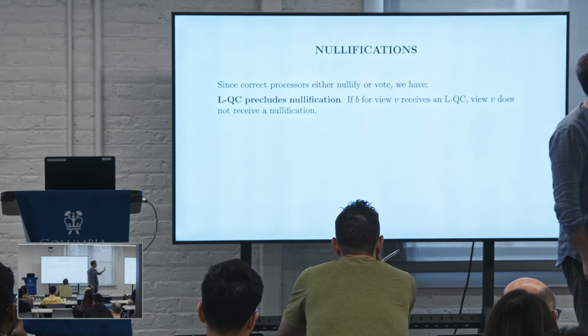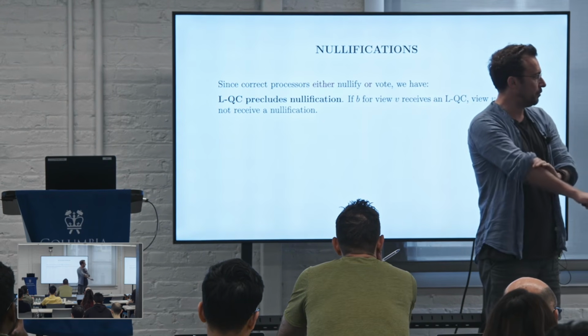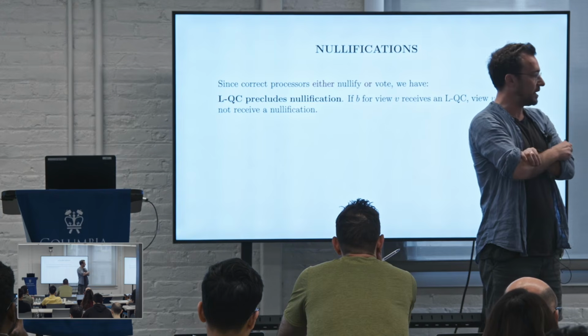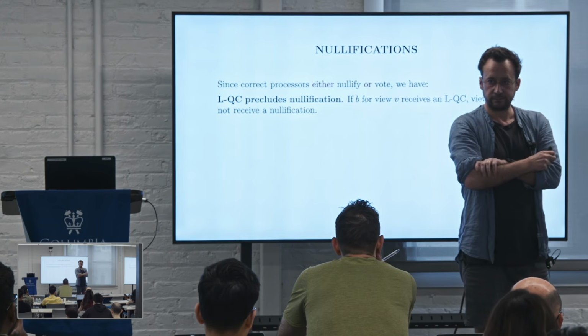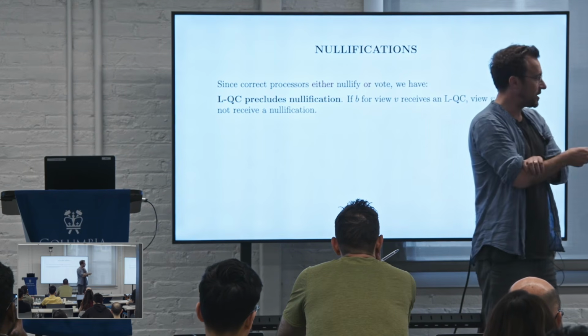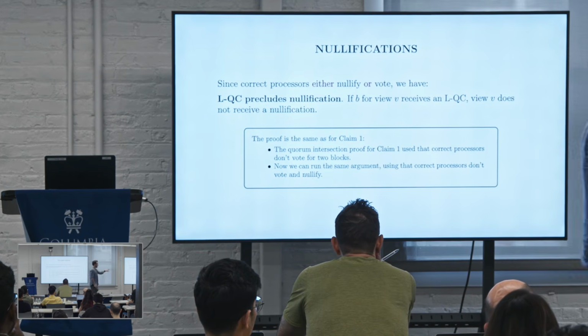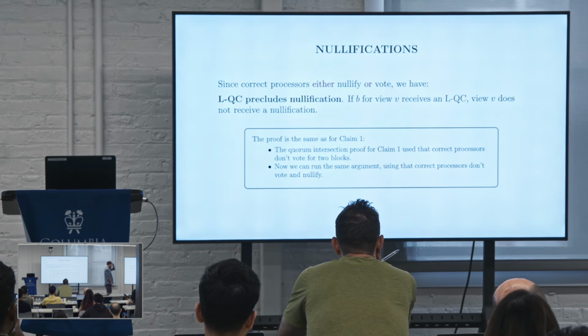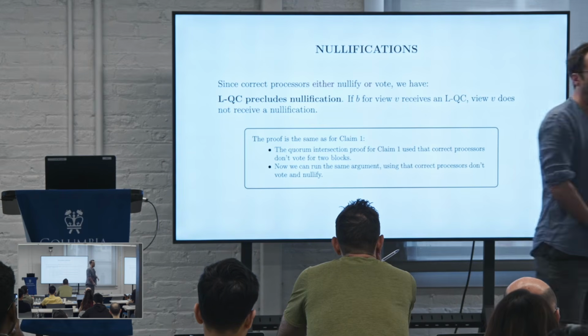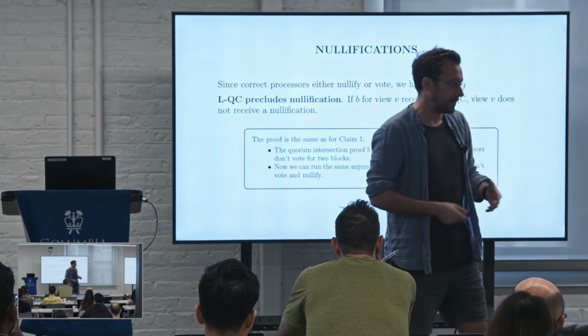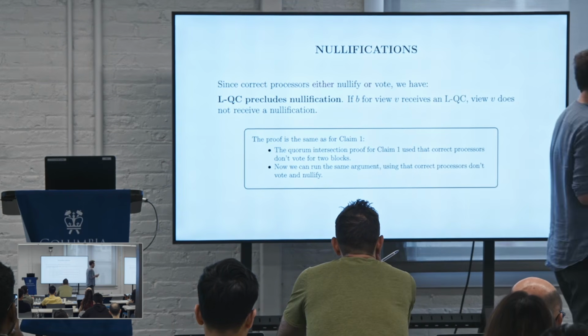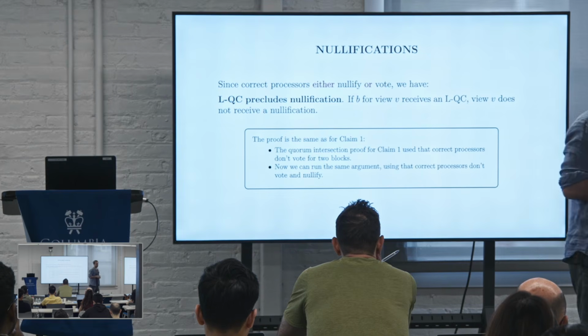So if a block B for view V receives an LQC, then view V does not receive a nullification. The proof is the same as for claim 1. The quorum intersection argument for claim 1 used that correct processes don't vote for two different blocks. Now we carry out the same argument using the fact that correct processes don't both vote and nullify.